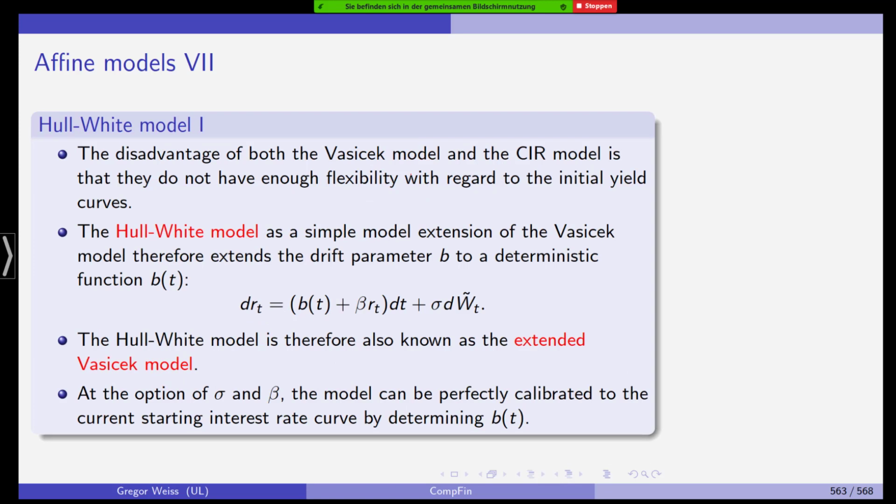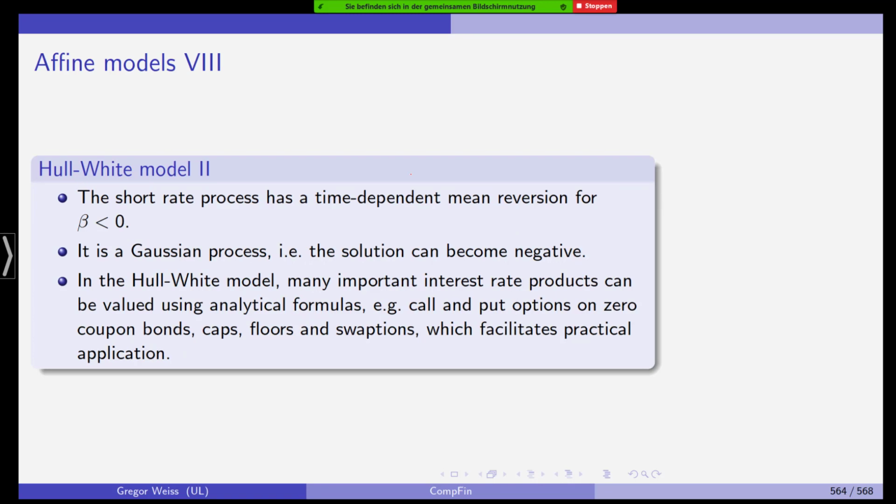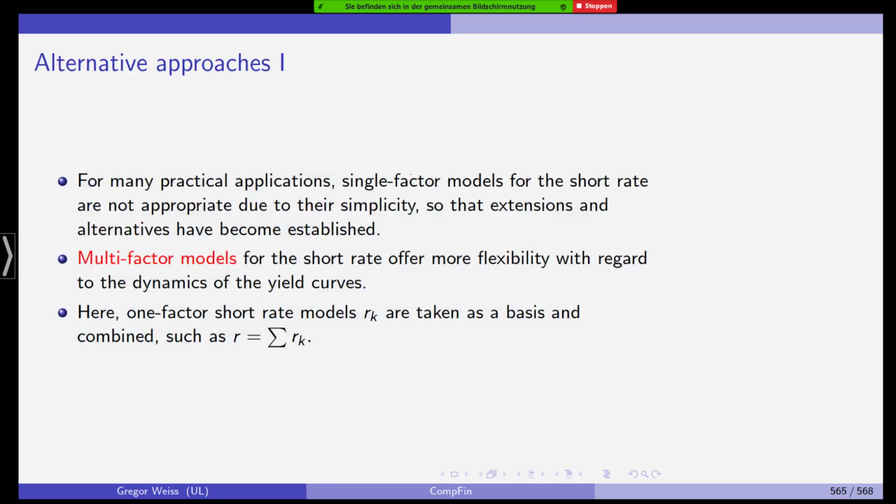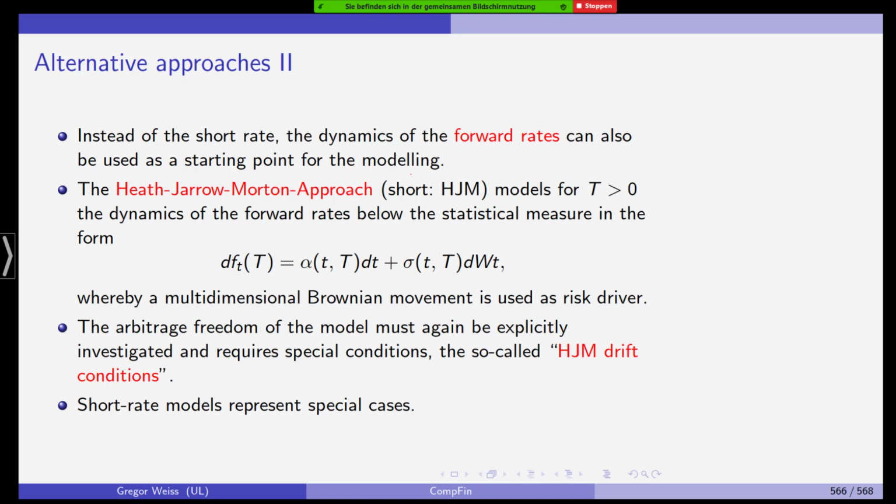You might remember Hull, John C. Hull, the author of the textbooks on options, futures, and derivatives. Only so that you've heard these names. And then we also have Heath, Jarrow, Morton. Those are the most prominent interest rate models. Heath, Jarrow, Morton, Cox, Ingersoll, Ross, and Vasicek. Those are the famous ones.